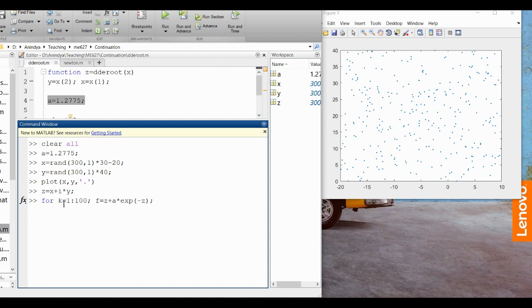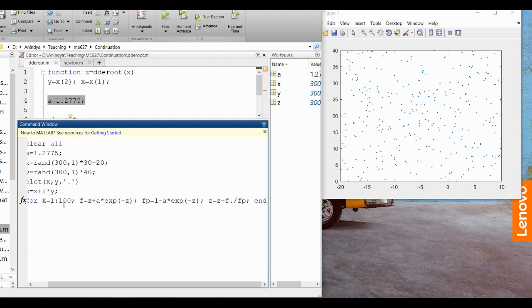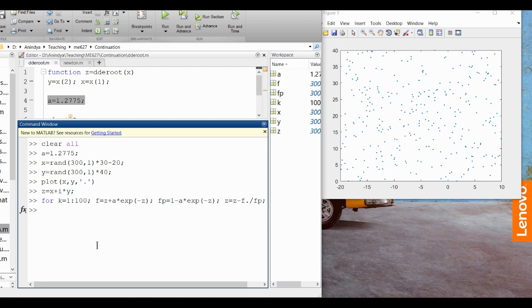And then I will say fp is equal to 1 minus a times exp(minus z). So that's f prime. And then I will say z is equal to z minus f by fp. That's the Newton iteration. And I've done 100 Newton iterations, okay, for each of those 300 points.